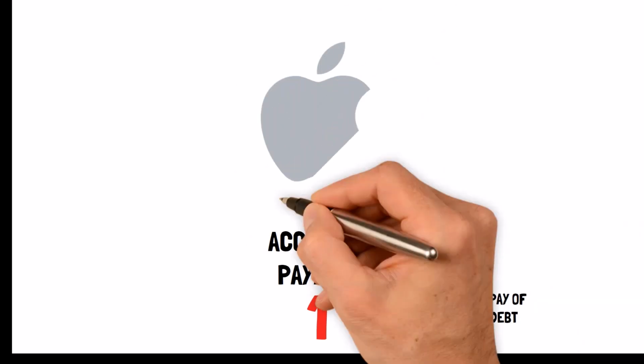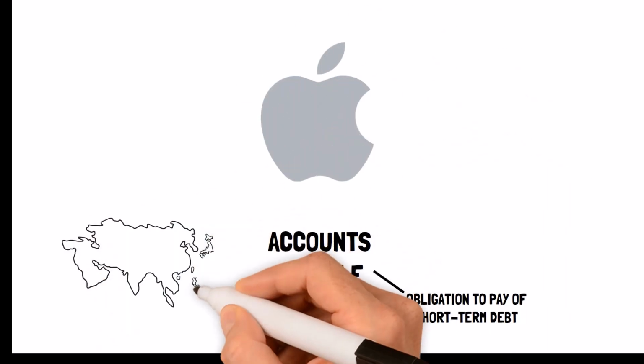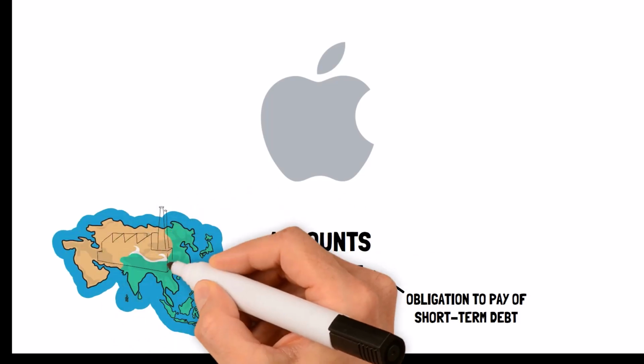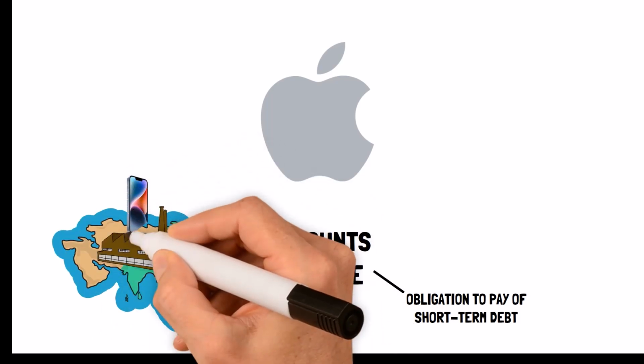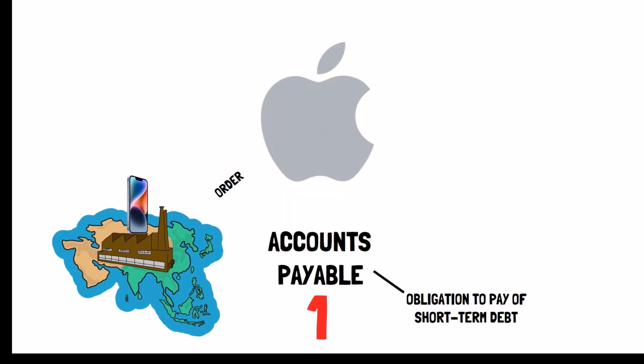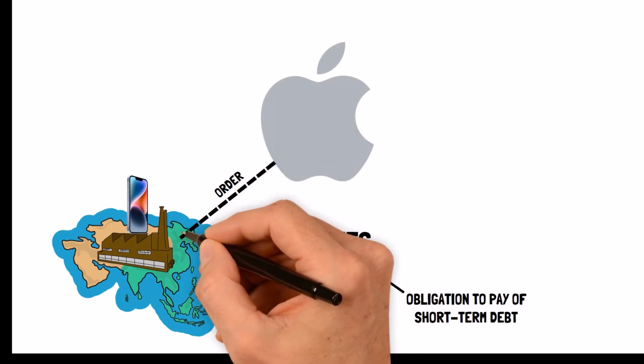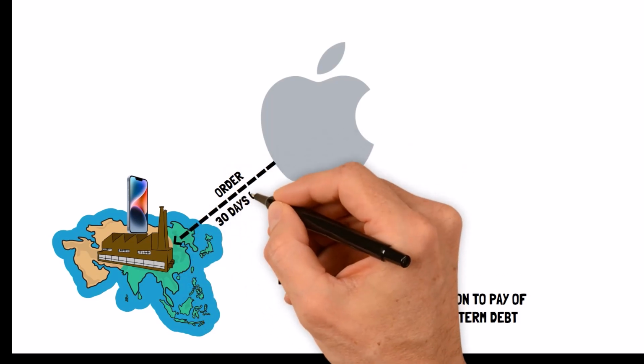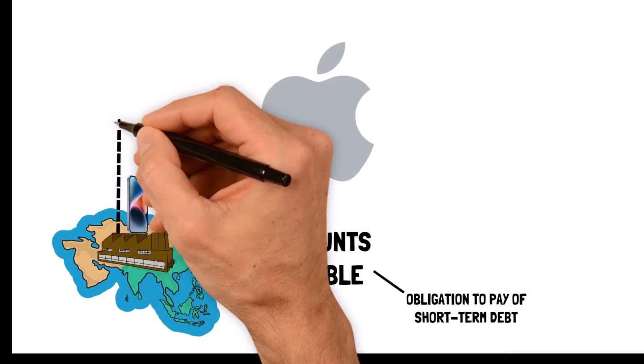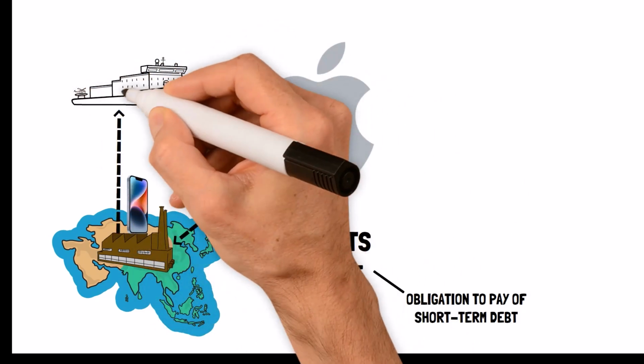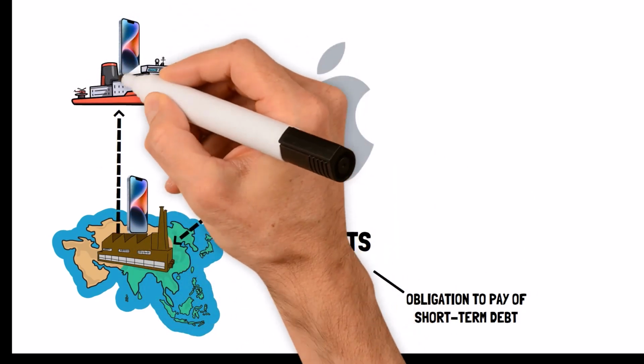Say that Apple would like to have more iPhones manufactured. The factory in Asia, which manufactures the iPhone, receives an order from Apple. The suppliers give Apple a 30 days credit. When the iPhones are ready in the factory, they will be shipped to reach their final destination.